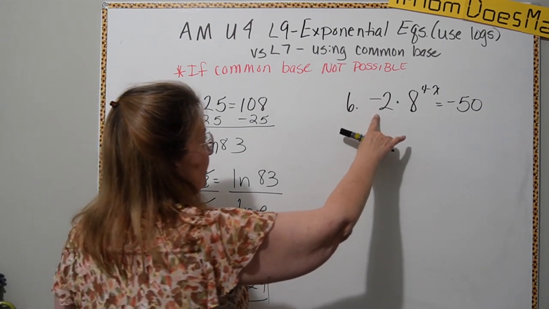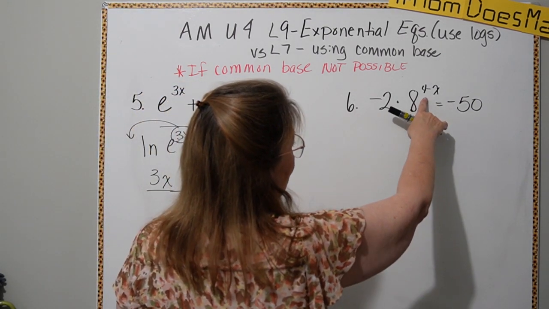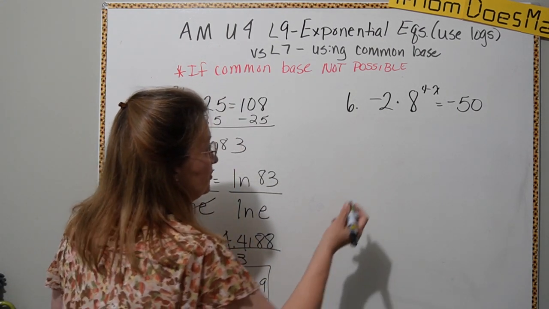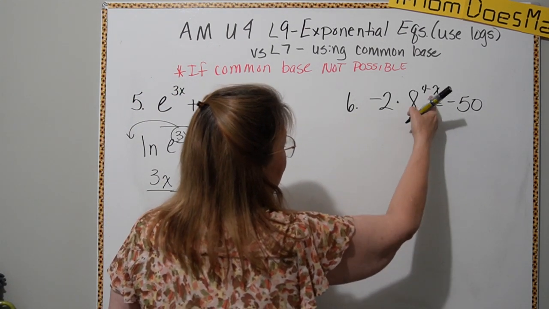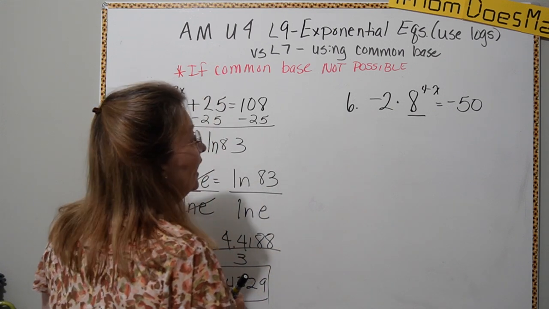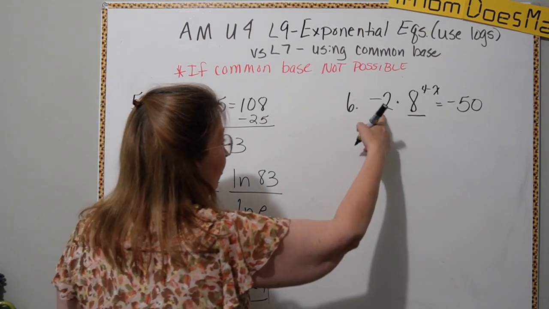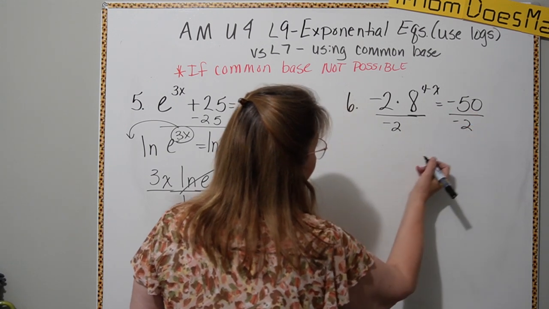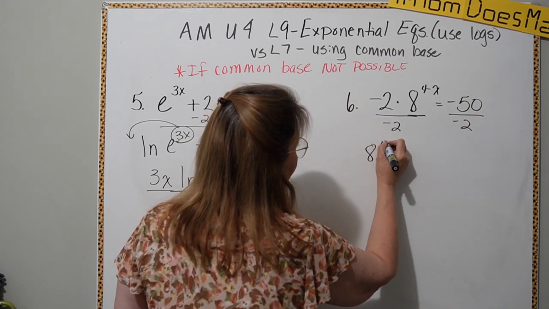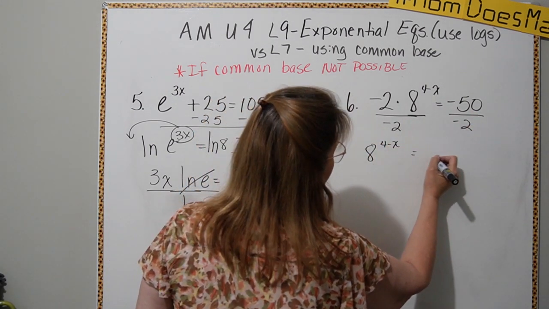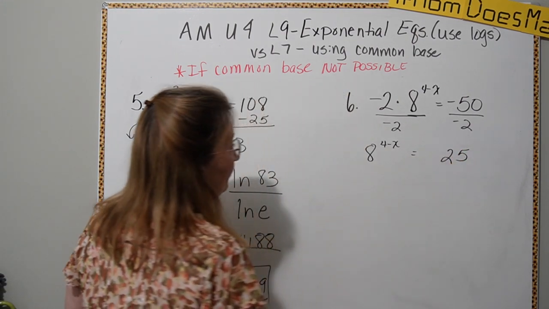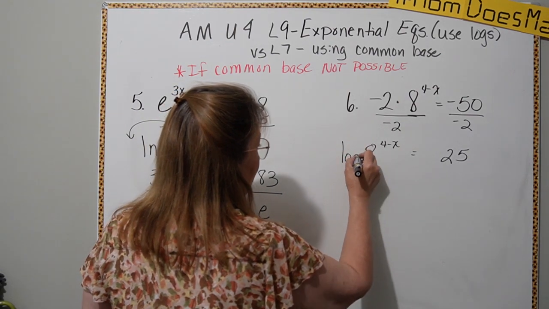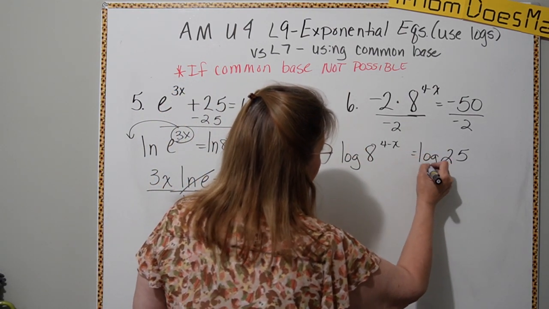Okay, now number 6. Negative 2 times 8 to the 4 minus x is equal to negative 50. Identify your exponential. It's right here. Constant base, exponent is a variable, and we want to isolate it. It's multiplied times negative 2. So to get rid of negative 2, I'm going to divide it on both sides. Now I have 8 to the 4 minus x is equal to positive 25. All right, it's isolated, so let's take the log of each side. Log here, log here.